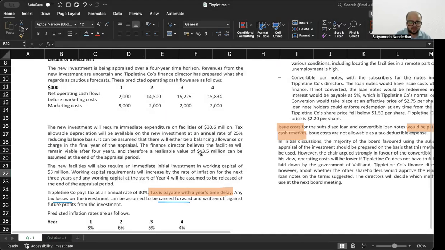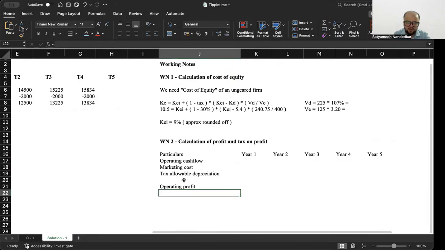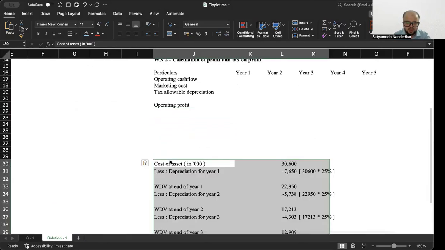The question specifically mentions that tax allowable depreciation will be available on the new investment at an annual rate of 25%. Now this calculation I'm going to straight away copy, I have the calculation ready. I'll show you, of course, you also know how this calculation is done.